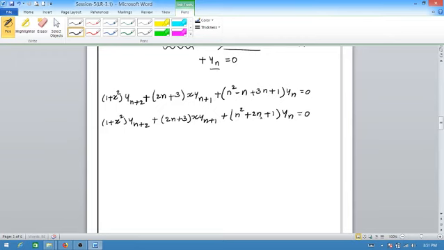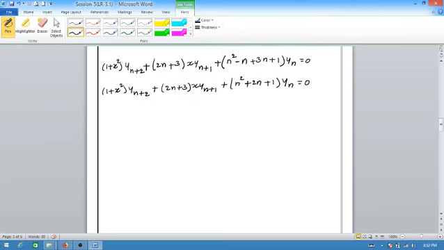So n square plus 2n plus 1, this is n plus 1 whole square, right? So therefore write that term. So that is equal to (1 plus x square) into yn plus 2, plus (2n plus 3)x into yn plus 1.